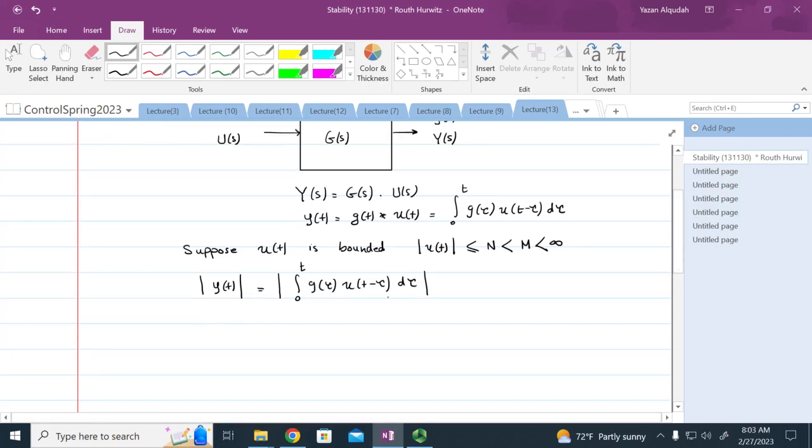However, this u of t minus tau is finite. It has a maximum value that is finite. And therefore, if I take the absolute value of the integration, this is going to be less than or equal to the integration from 0 to t, the absolute value of g of tau, u of t minus tau, d tau.